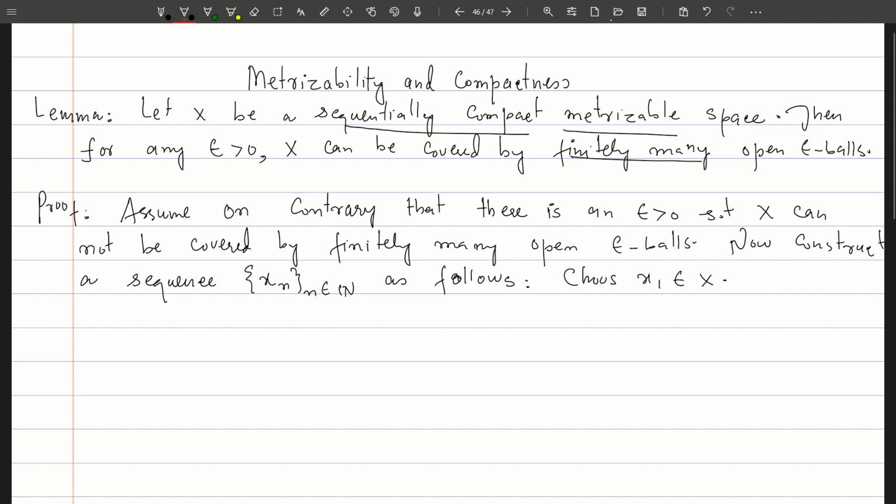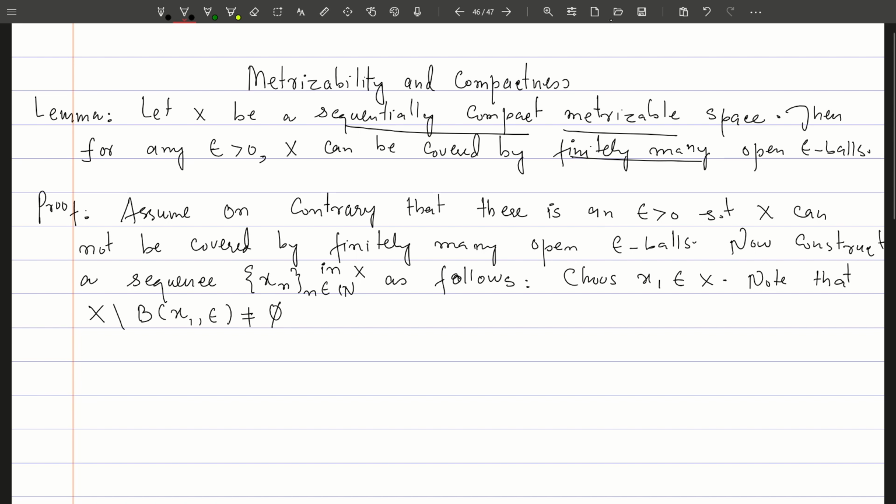Now for the second term, first one can note that if we take the set X minus the ball centered at x1 and radius epsilon, this is non-empty.